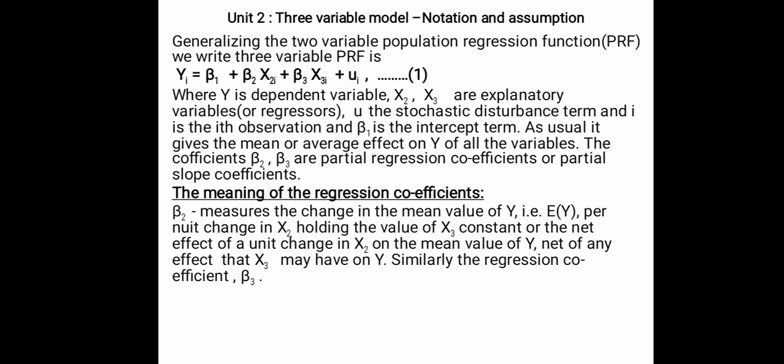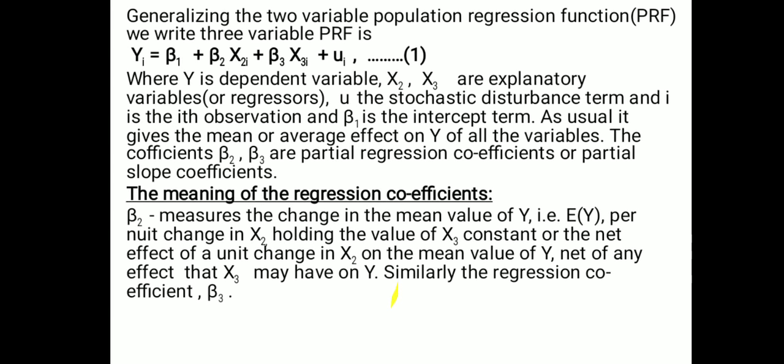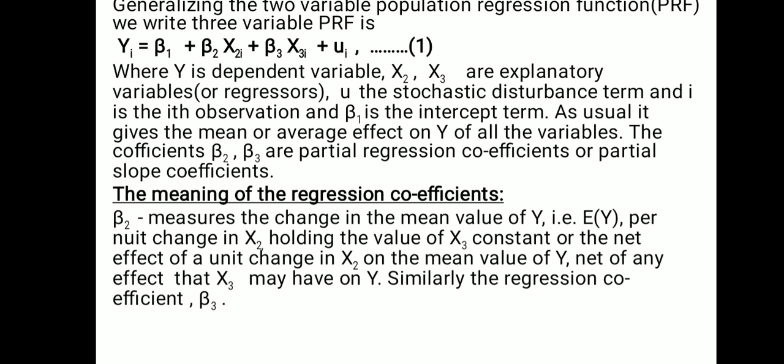Let us take up the generalization of that. Let us take a particular example, the three variable model. Today let us take up the three variable model, the notation and assumptions. Generalizing the two variable population regression function, we write the three variable population regression function, that is yi equal to beta 1 plus beta 2 x2i plus beta 3 x3i plus ui.